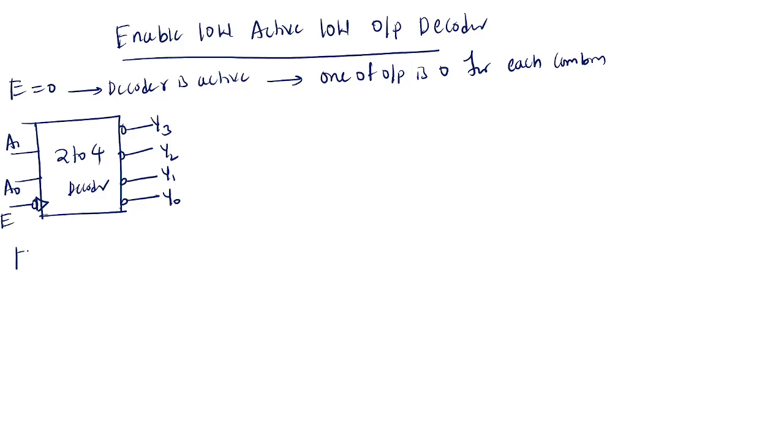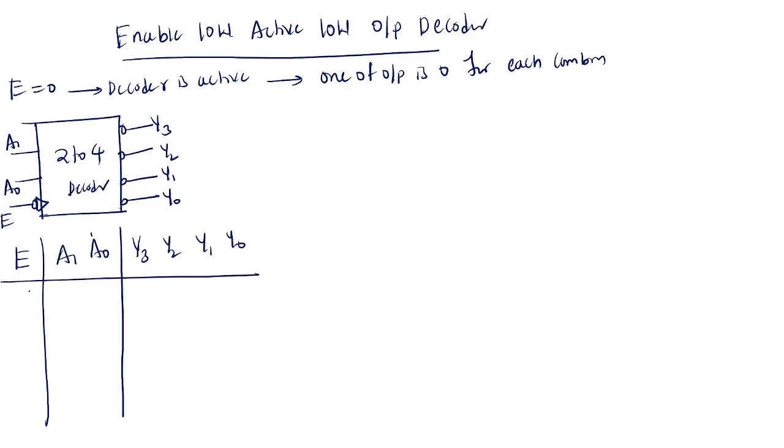So truth table: enable, next A1 A naught, Y3 Y2 Y1 and Y naught. When enable equal to 1, whatever may be the inputs, the output will be 1, since active low. When enable equal to 0 only, the decoder will be active.